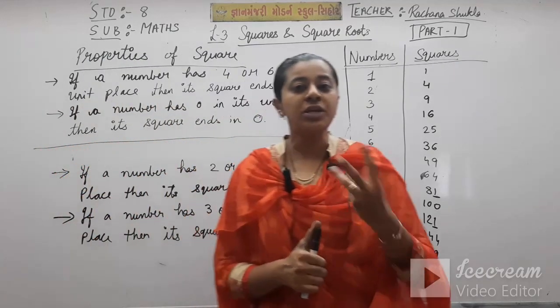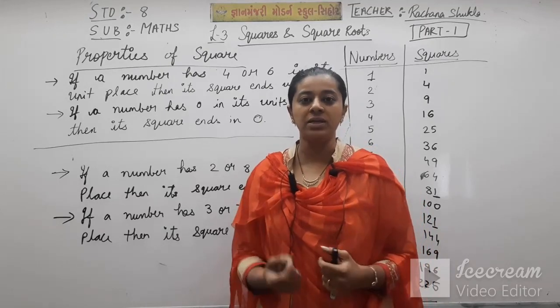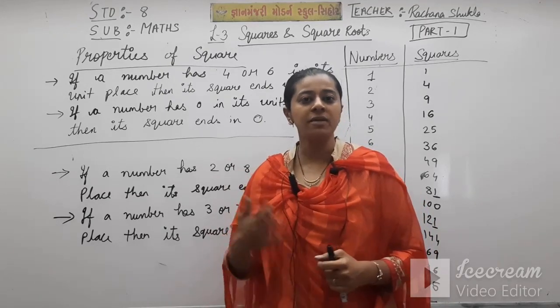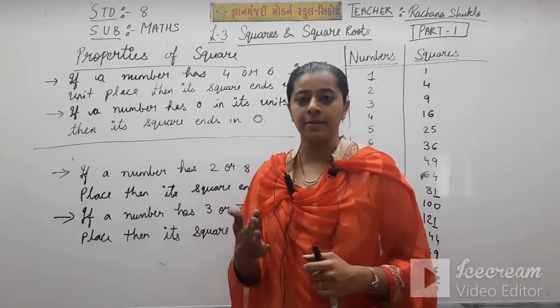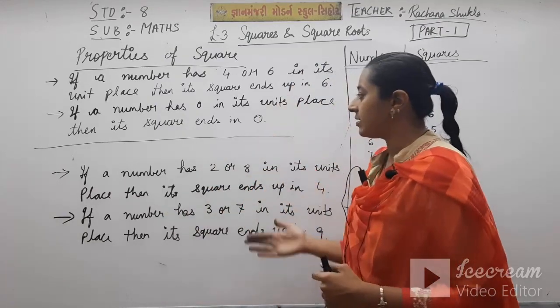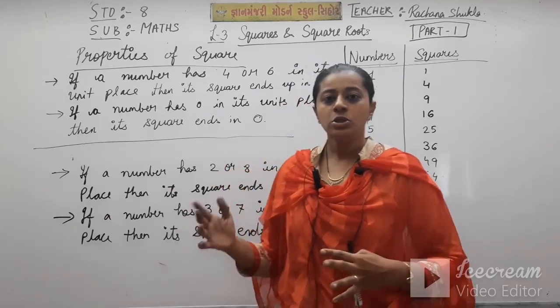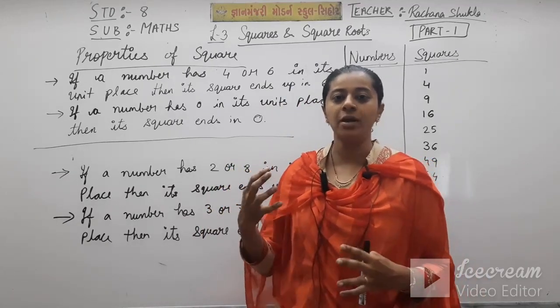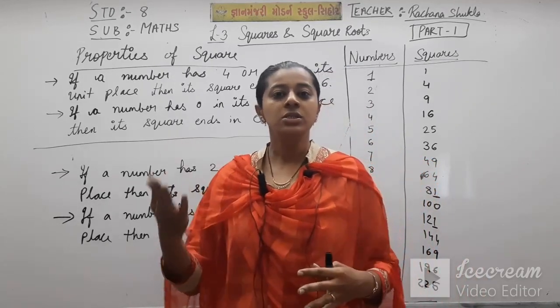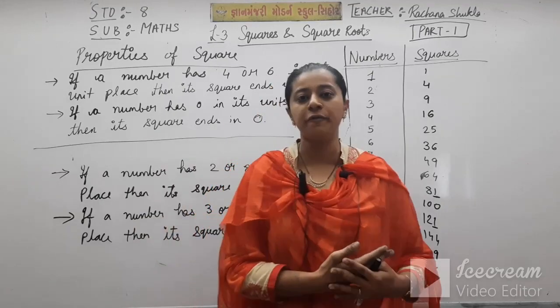Now, 3 properties are still left, that is properties 3, 4 and 5, which we will see in our next session, and we will also solve sums regarding properties 1 to 5. In today's session we have learnt what the square of a number and the square root of a number are.